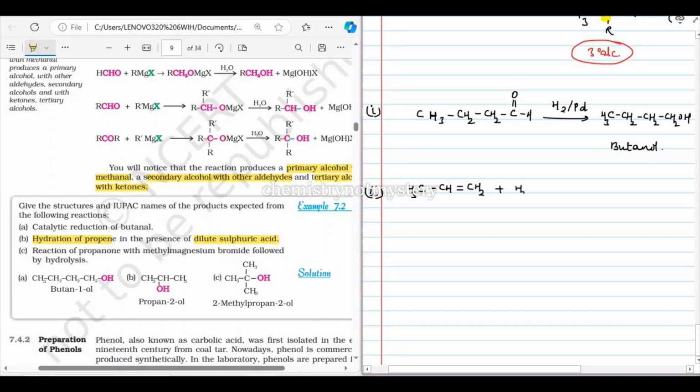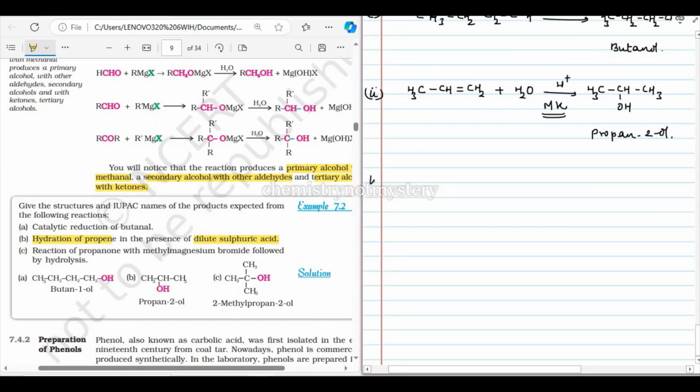When you add water in the presence of acid, here H plus ion, this addition of water takes place according to Markovnikov's rule that we have just discussed. So here you will get the product CH3 single bond CH single bond CH3. OH will get attached to the middle carbon. So here you will get propan-2-ol.